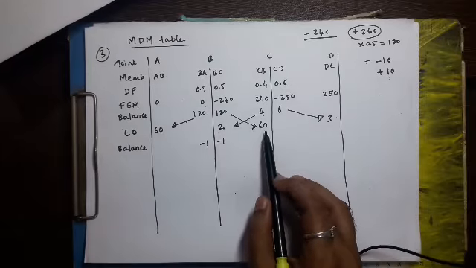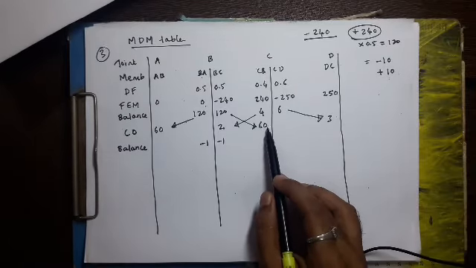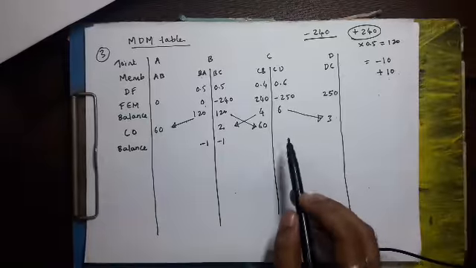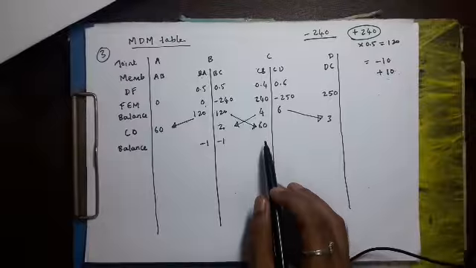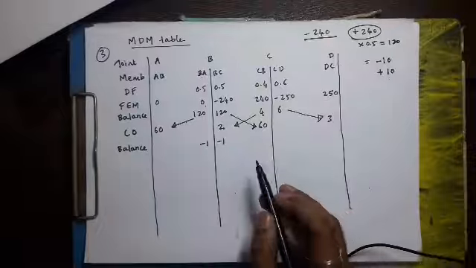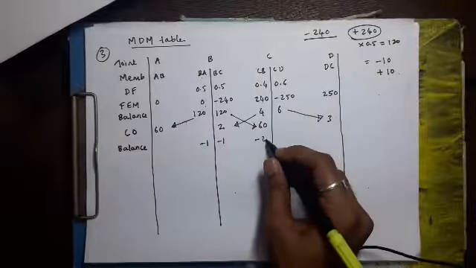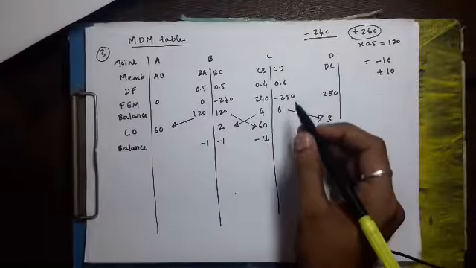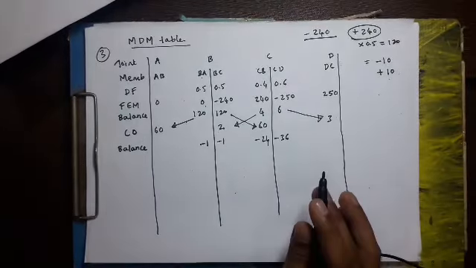And you see net moment at joint C is 60. In order to balance it we have to apply -60, and that -60 is distributed to CB and CD by distribution factor. -60 into 0.4 you will get -24, -60 into 0.6 you will get -36.